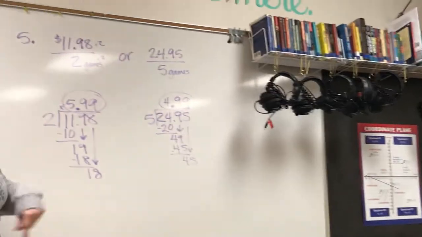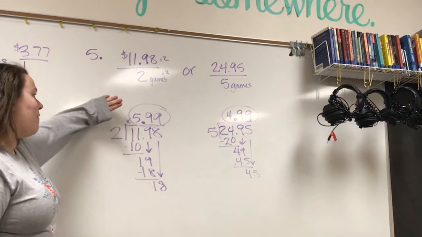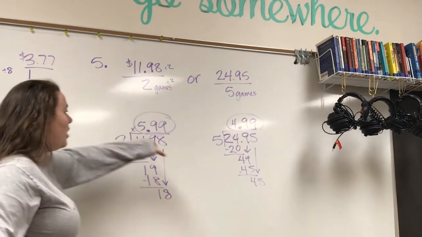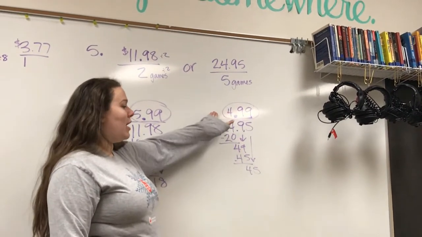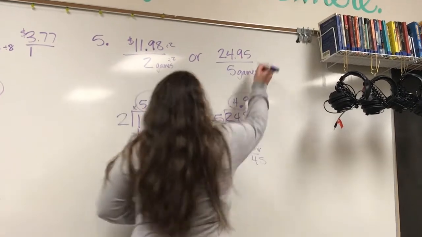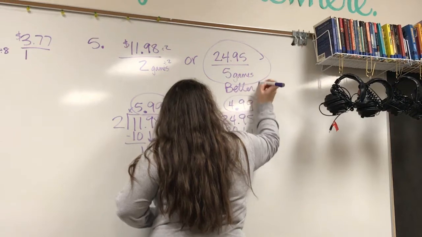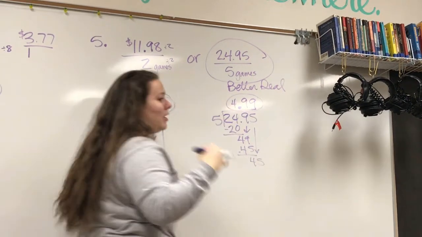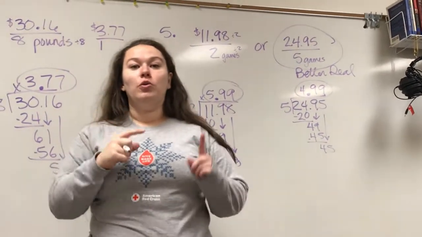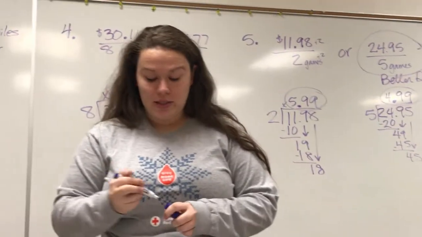Okay, which one is the better deal? Would you rather pay $5.99 for a game, or would you rather pay $4.99 for a game? I would say that this is the better deal. Okay, anything that is cheaper for the unit rate is going to be the better deal.